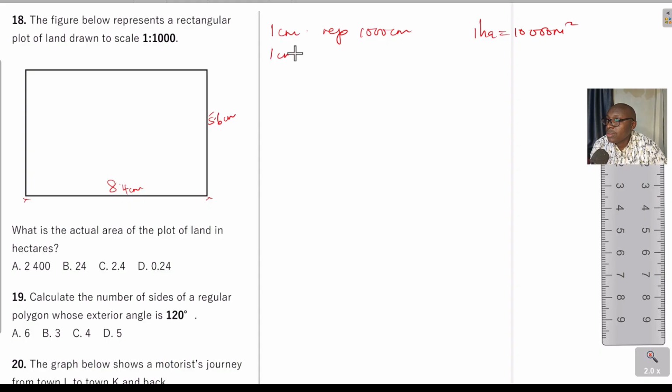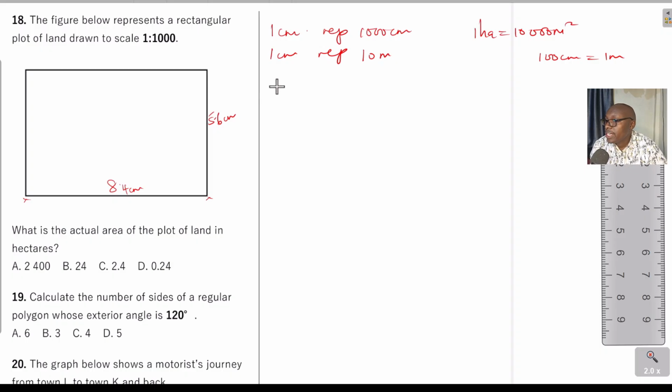Remember that 100 centimeters is equal to 1 meter. So if 1 centimeter represents 1,000 centimeters, then 1 centimeter should represent, just divide this by 100, 10 meters. Using 1 meter equals 100 centimeters.